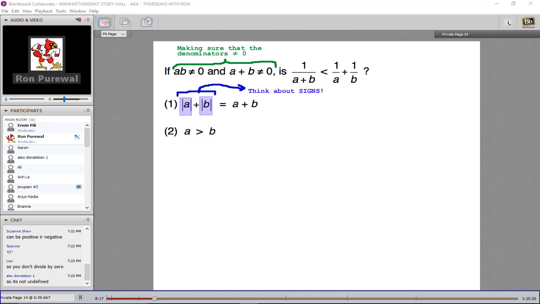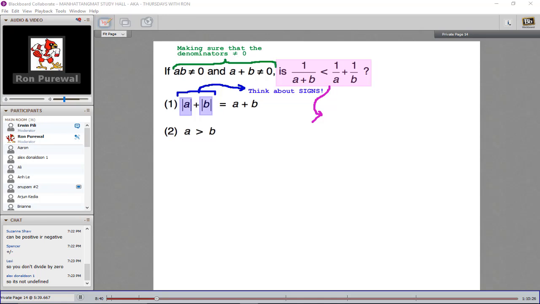Also, remember, this is a yes/no question. We built some machinery for this in other Thursday workshops. But the deal is you need to translate what the word yes actually means in terms of numbers and specifics, and what the word no also means in terms of numbers and specifics. So let's do that.